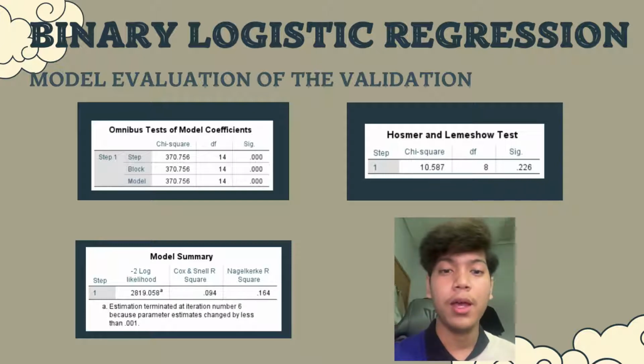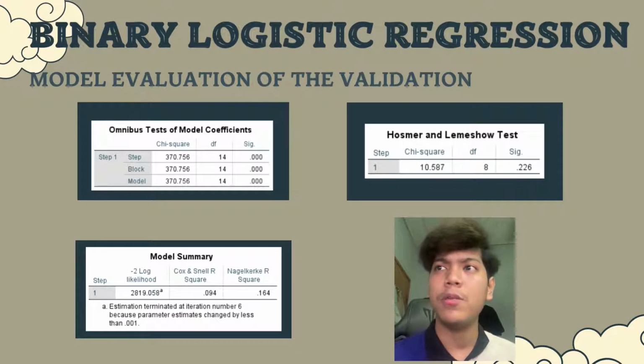Thus, the null hypothesis will be rejected, and it can be concluded that there is a significant relationship between the dependent variable and the set of predictive variables.